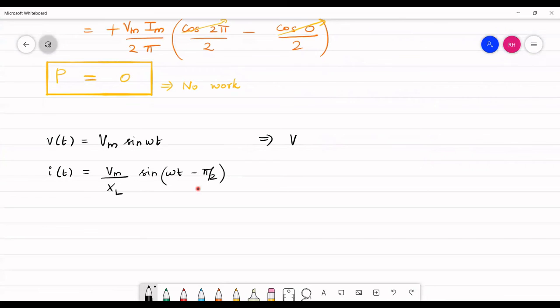Converting them to phasors, we'll have V is equal to Vm divided by root 2, where I convert it into RMS value. And instead of Vm divided by XL, I write it as Im. And current phasor I is equal to Im divided by root 2.